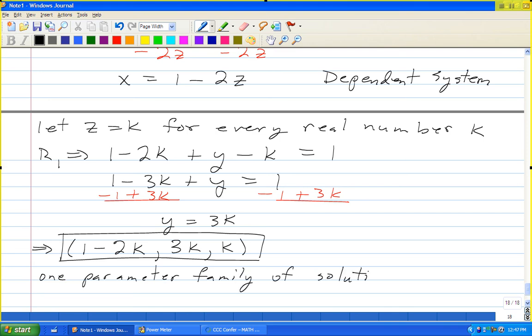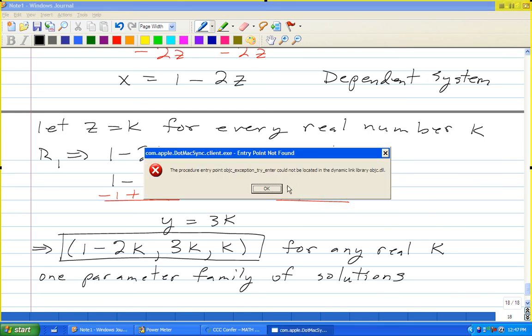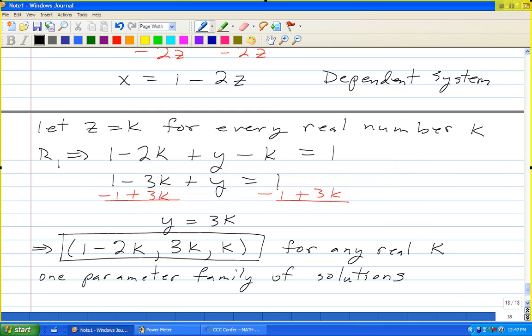So notice I have an infinite number of solutions, and they're different because I can take k to be anything. So for any real number k. And so it is a line in 3 space. And so there's some line in 3 space looking like this, which solves the given system of equations.